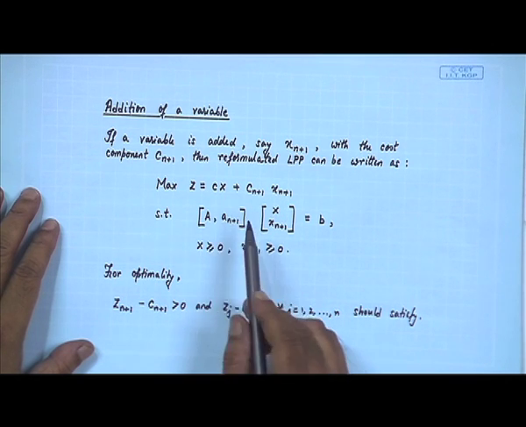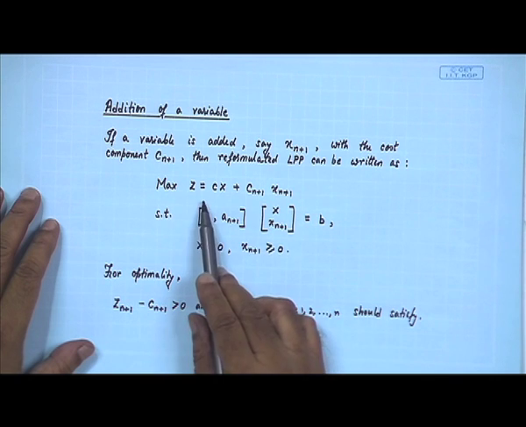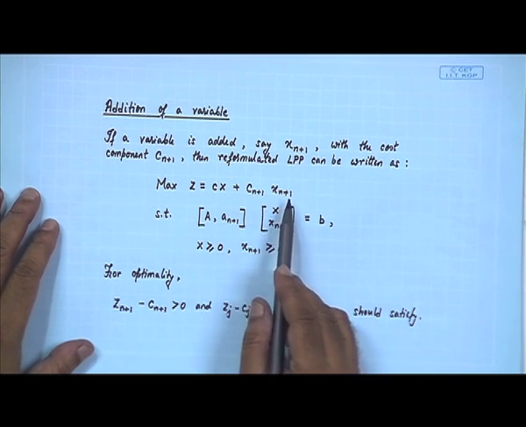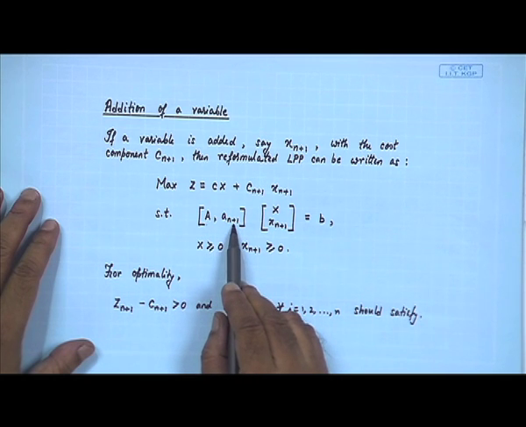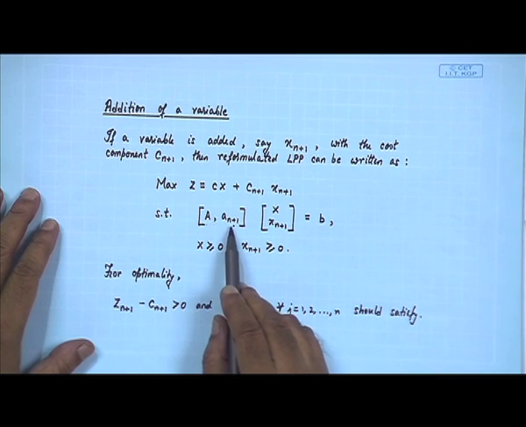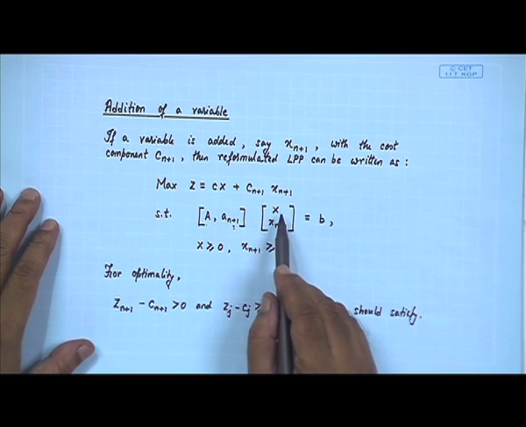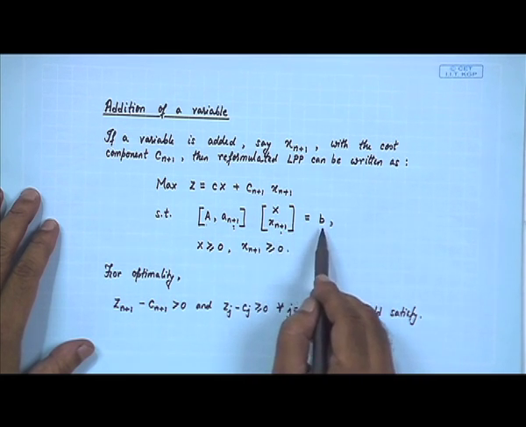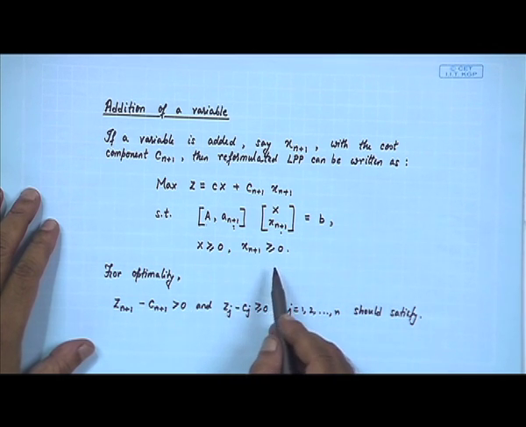Earlier there were n variables x_1 to x_n, now I have added x_{n+1}, so the cost coefficient is this. Once I do this, your A will change, one more column will come, so in place of A the matrix will be [A, A_{n+1}], and the decision vector will change to x and x_{n+1}. B will also change. Obviously, x greater than or equal to 0 and x_{n+1} greater than or equal to 0.